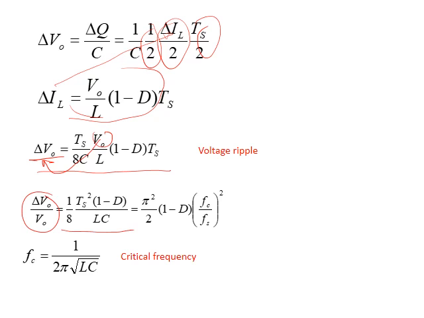If I define critical frequency to be 1 over 2 pi square root LC and substitute it here, we make a uniform equation relating critical frequency with D to find the ripple. Critical frequency is a function of C, so changing C will change the amount of ripple.